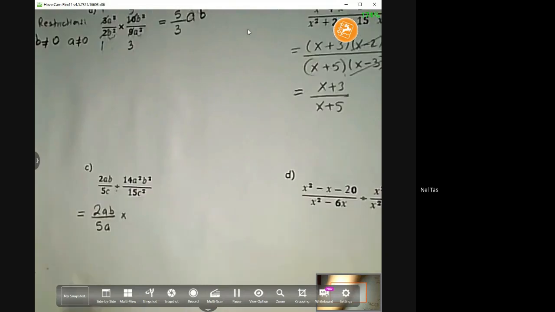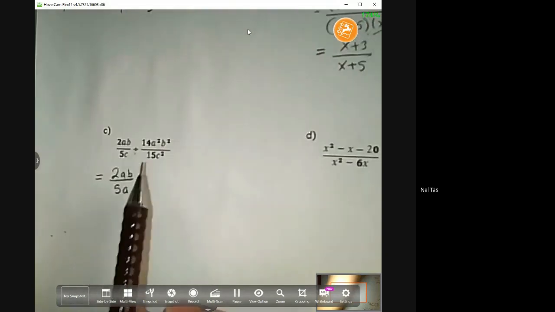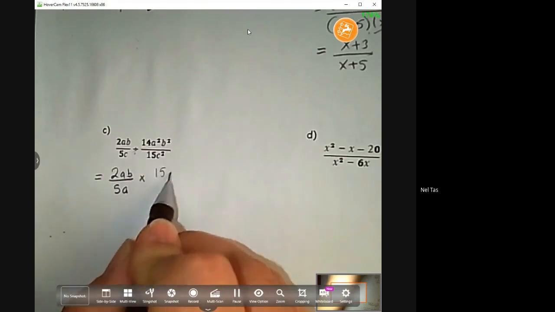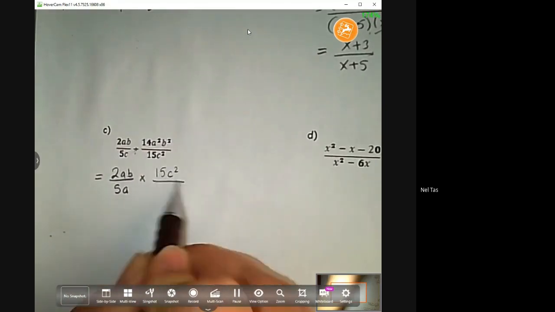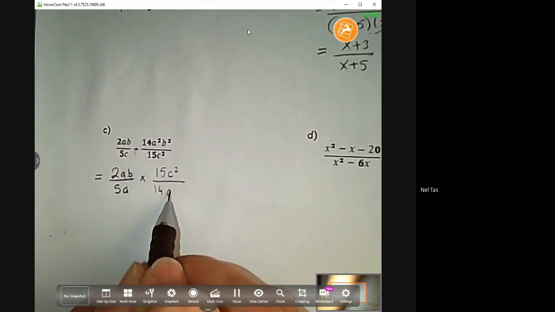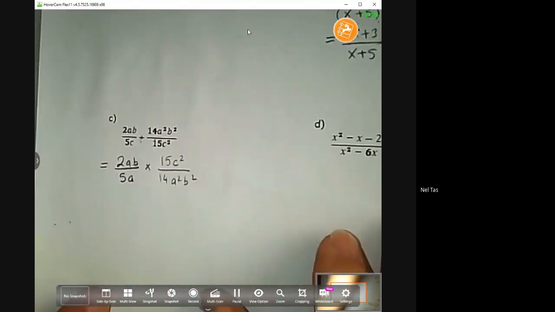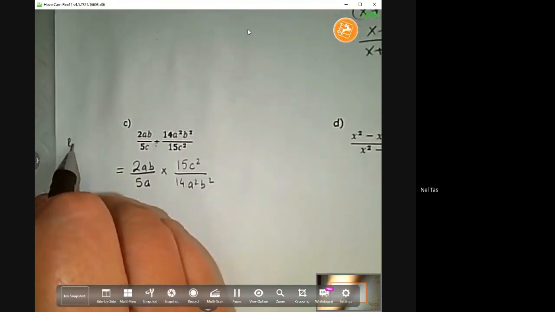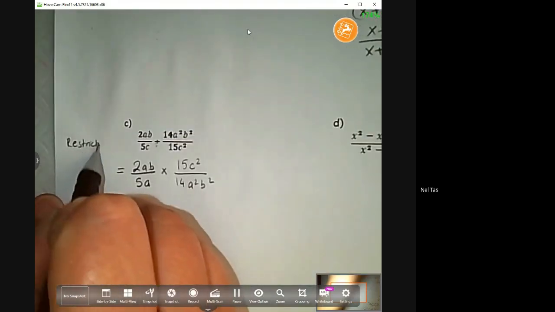Okay. So let's go back to C. So again, we are converting this division to multiplication. We take the reciprocal, means we are just flipping that rational expression. So 14a squared b squared. Now, actually, we need to state restrictions.